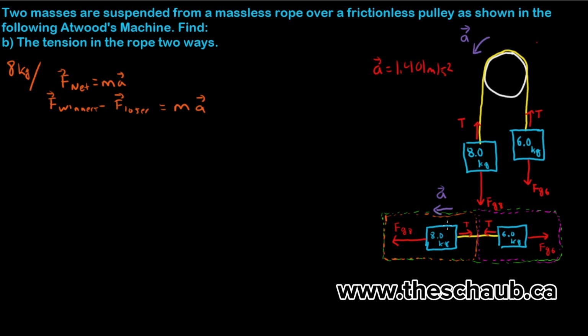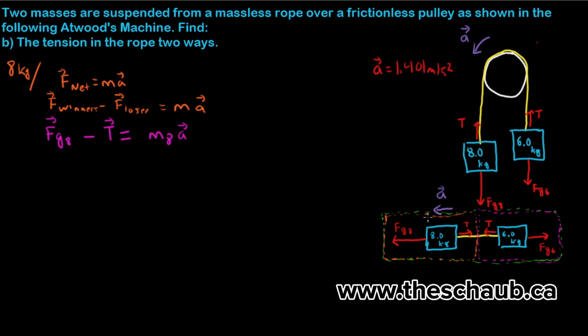So in our orange box, our 8 kilogram system, we only have one winning force that goes in the same direction as our acceleration, and that's Fg8. So our winning force is Fg8, and we subtract from this our losing force, which is our tension, that points in the opposite direction of the acceleration. And this is equal to the mass of the 8 kilogram block multiplied by the acceleration.